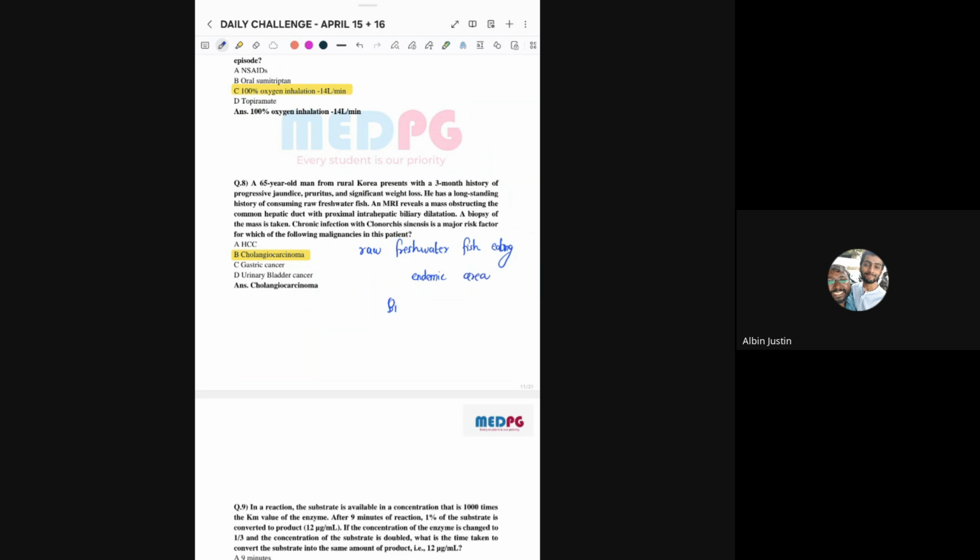The causative organism is Clonorchis sinensis. Bladder carcinoma is Schistosoma.